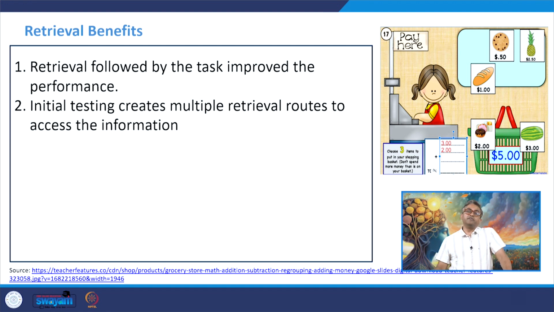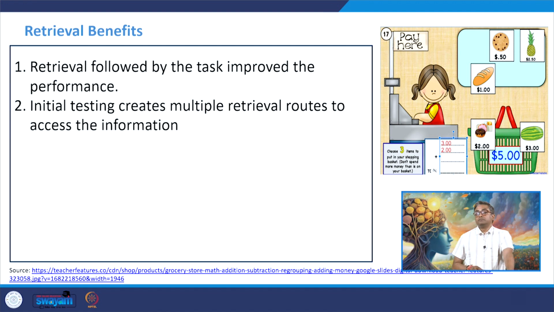This multiple retrieval route also depends upon the nature of information. One has to be very clear that in the case of ambiguous information, complex information, or high cognitive load information, the retrieval route will be very distinct from the problems which we are addressing easily.